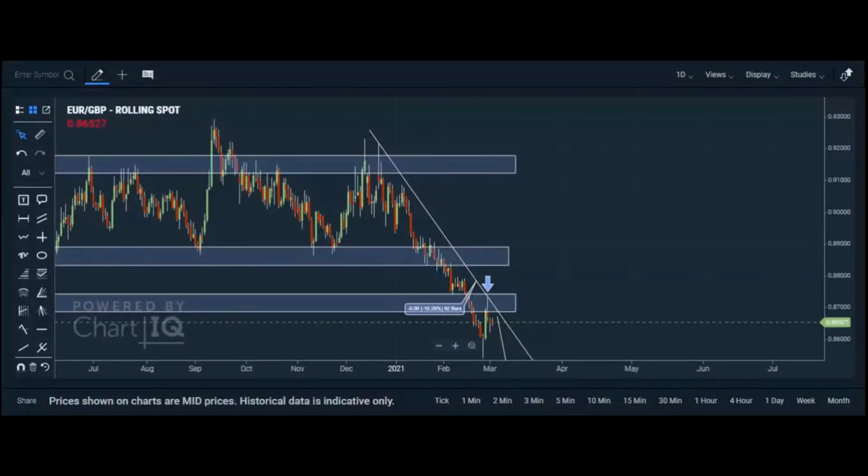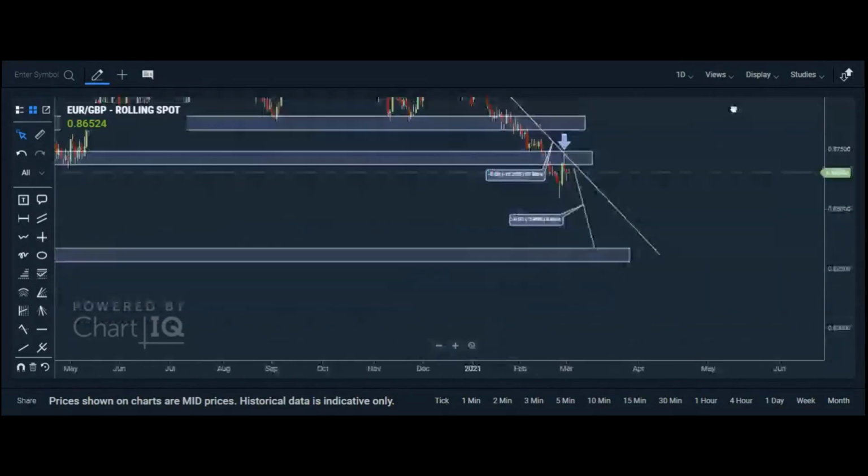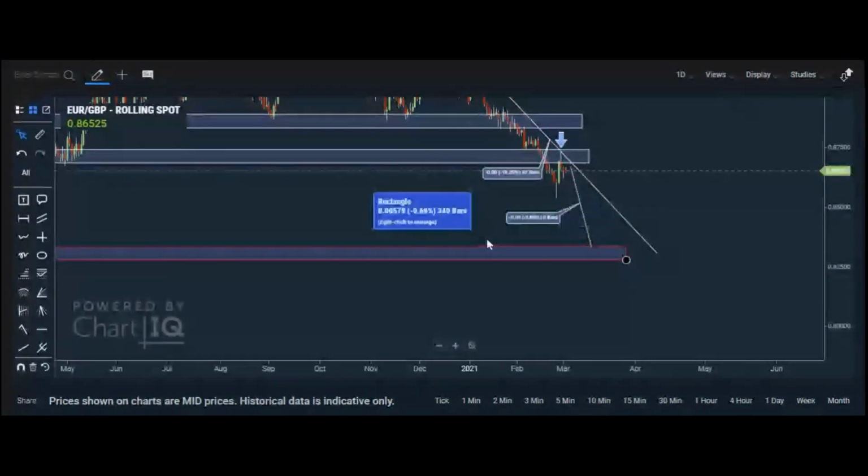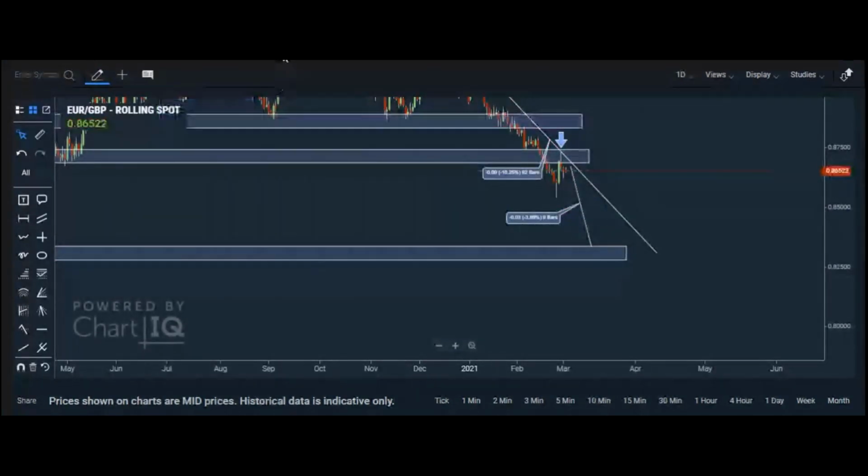My TP is actually down below here. Let me share it with you. My take profit is down below here, this area right here. So what I'll do is trail my stop loss for a long period of time till it gets to this target. I'm comfortable holding my trades for a long period of time, so that's just it.